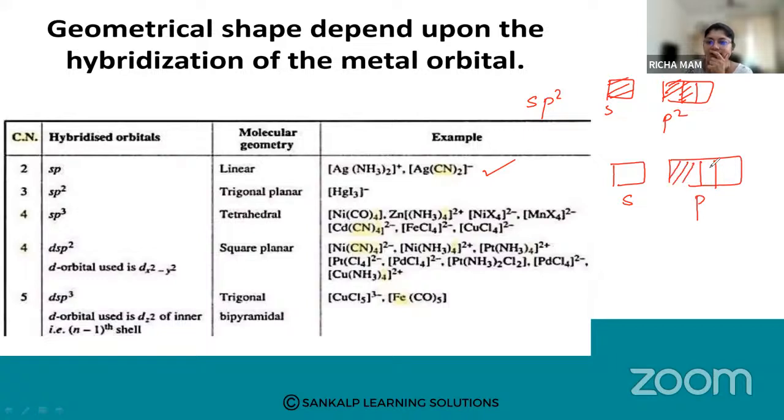How many is it? 1, 2, 3, and 4. So 4 hybrid orbitals, and it is sp3 hybridized. What type of geometry is it? Tetrahedral.